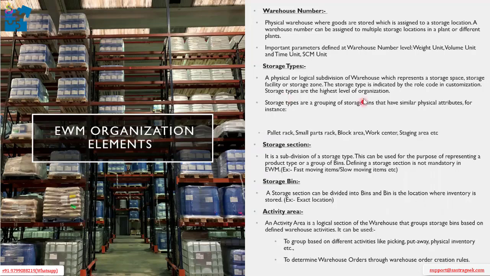However, that is defined or indicated by the role. This is something you need to remember in the standard customizations: each storage type we have will have a specific role. If you have a hierarchy, obviously that is one kind of storage type.